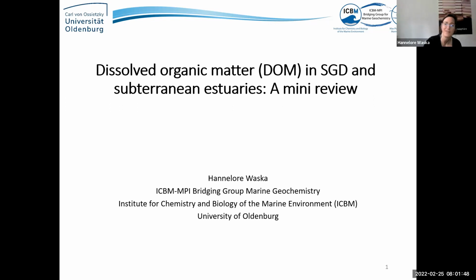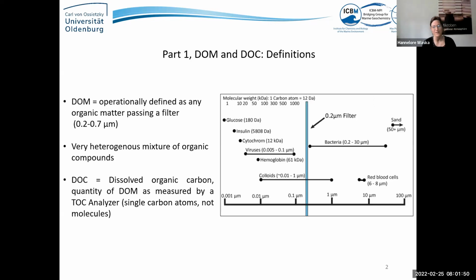All right, so let's start with a little introduction. Just the operational definition of dissolved organic matter and dissolved organic carbon. Basically, it's operationally defined as anything that fits through a filter between 0.2 and 0.7 micron pore size, so any aquatic organic matter.